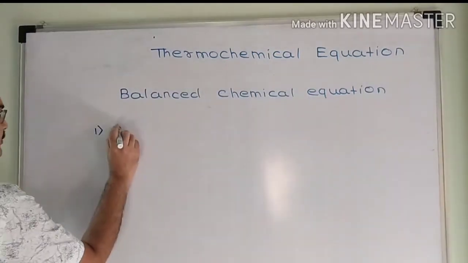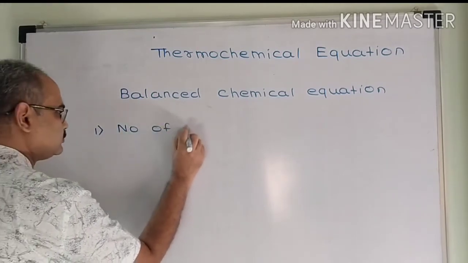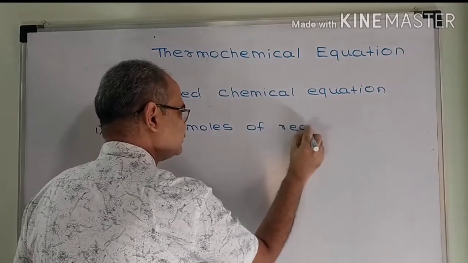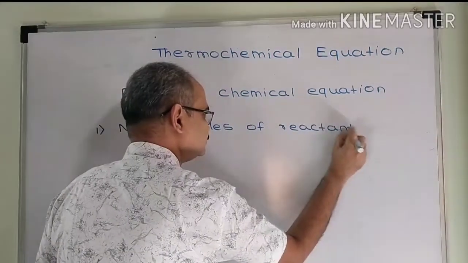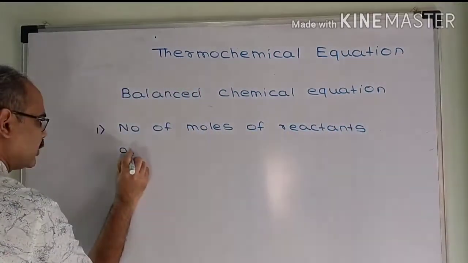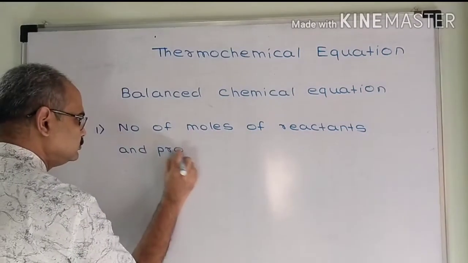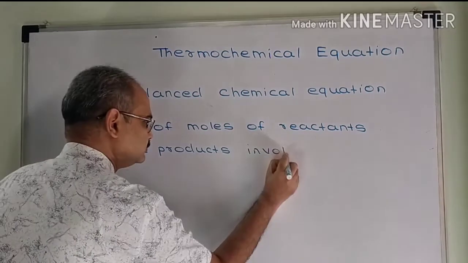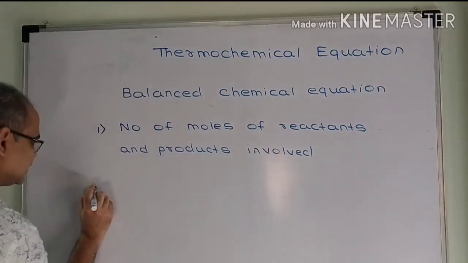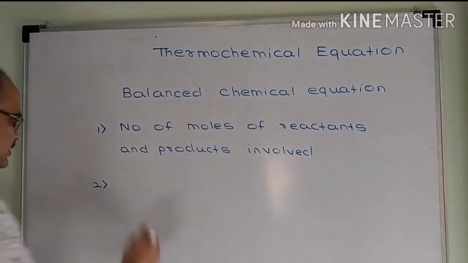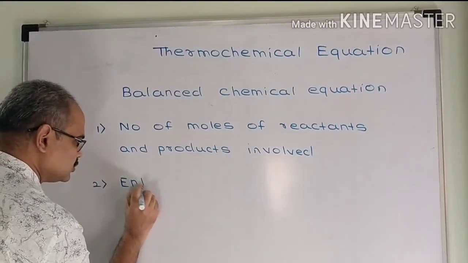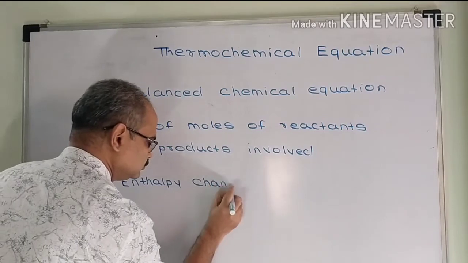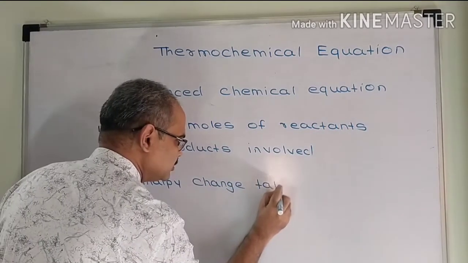It tells us the number of moles of reactants and products that are involved in the reaction. The second information that is provided is the enthalpy change taking place during the reaction.